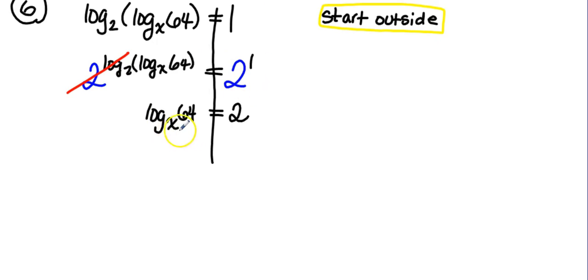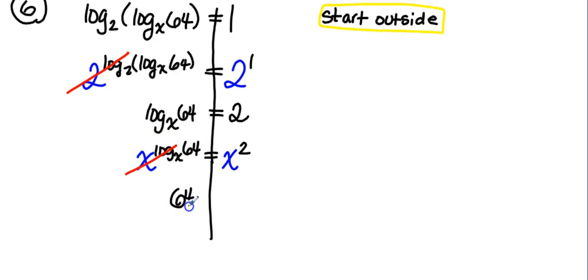So we will use x as a base. So it's going to be x to the log base x of 64 equals x squared. x and log base x cancel, leaving behind 64 equals x squared.